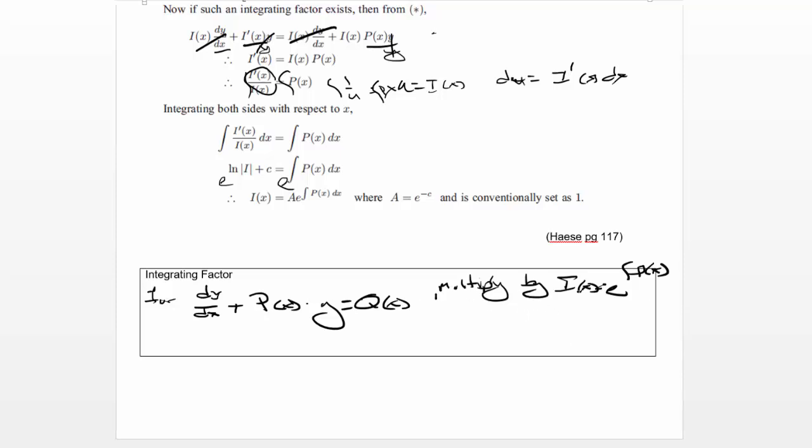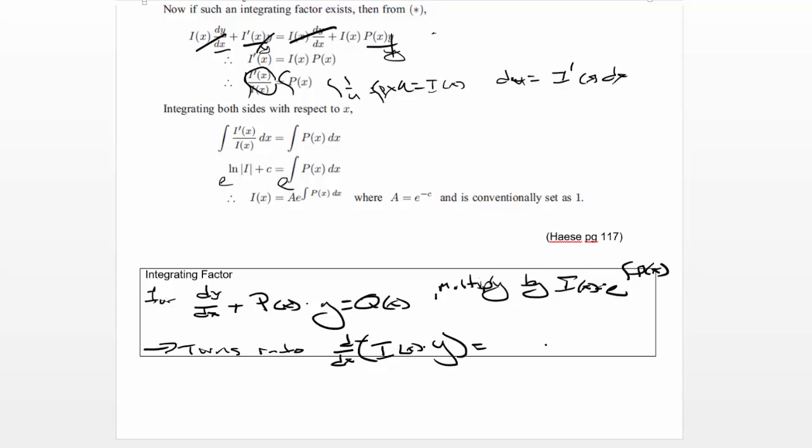Multiply everything through by this, and what will always happen, and what's nice, is that you can recognize that the left-hand side will become the derivative of this integrating factor times y.